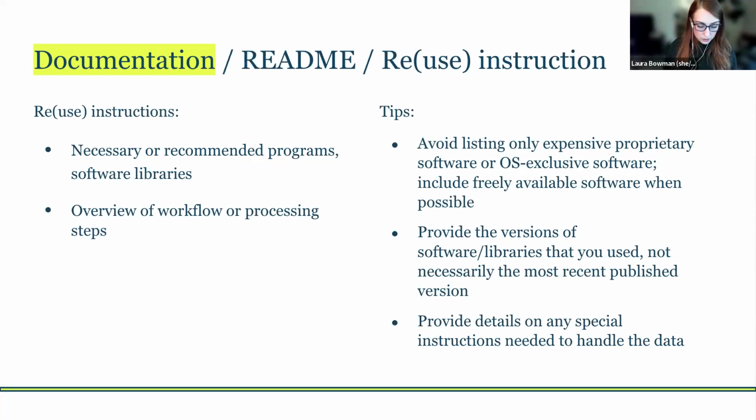So make sure to include freely available software when possible as alternatives to open the data. As a curator, I am pretty aware of a lot of these programs, and most do exist for file types that come from proprietary software. Again, provide the versions of the software and libraries that you used, because it's not always the most updated one that has been used in the data, and any special instructions needed to handle the data.